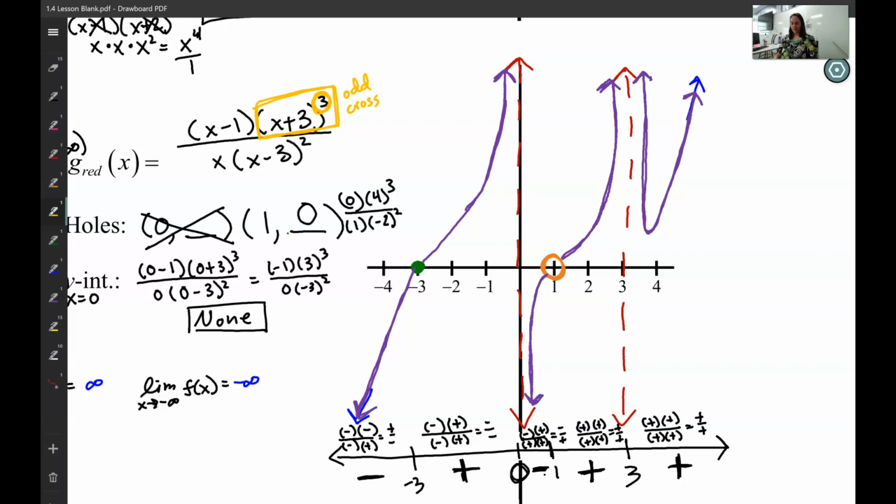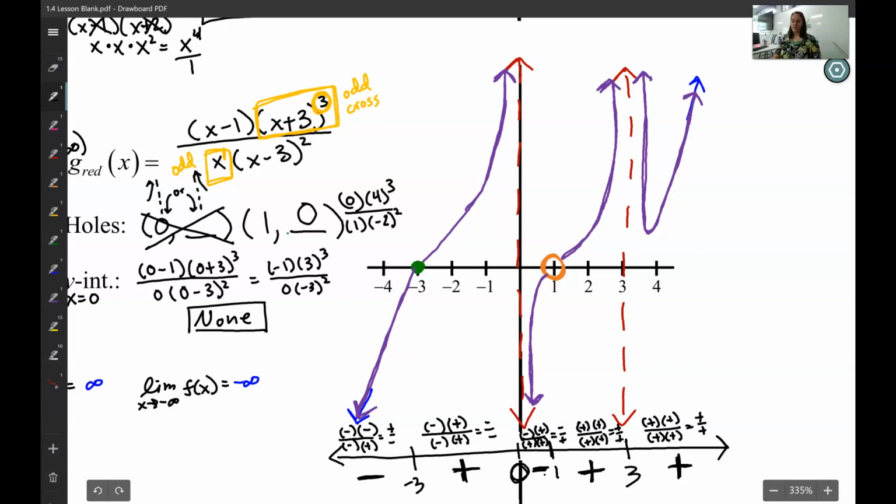Now if I look at this asymptote at 0, here's that one. It has a silent 1, which is also an odd exponent, which means, if you remember from our limits at infinity, I have two options. Here's my asymptote. I could go up and then down, or I could go down and then up.